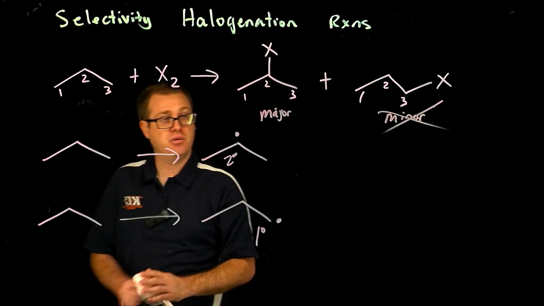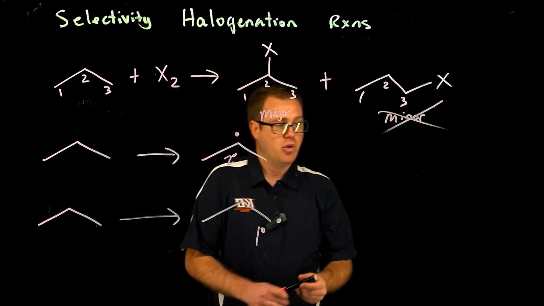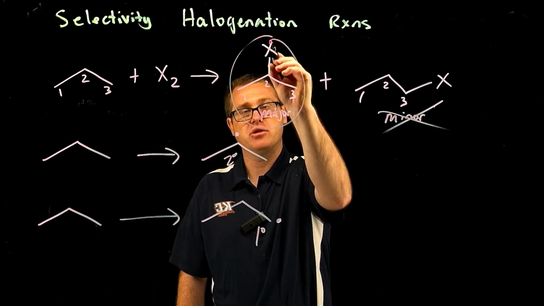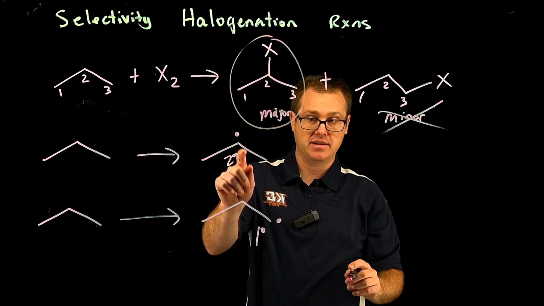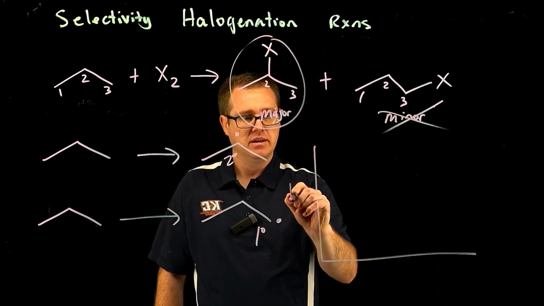But before we get to the differences between chlorine and bromine, let's look at it energetically, why this is the case here, or why this is the major product. I already explained that it is because we have a more stable secondary radical.